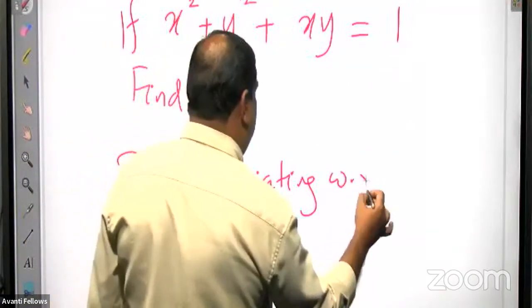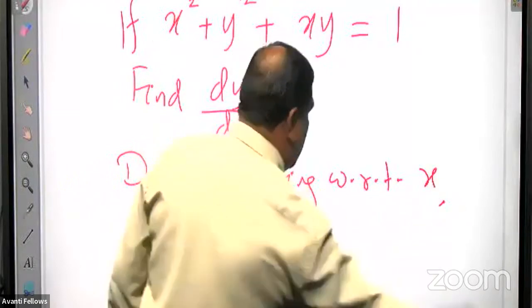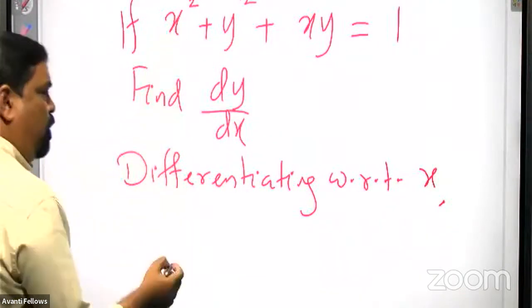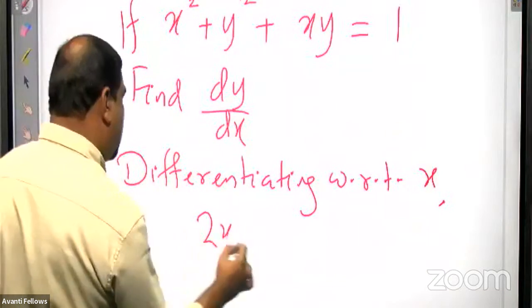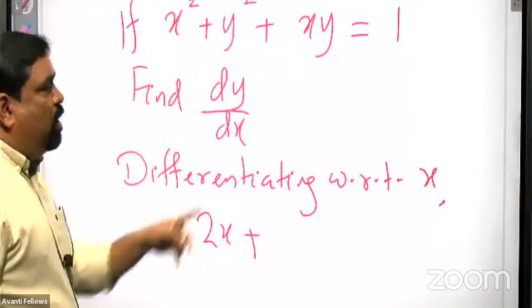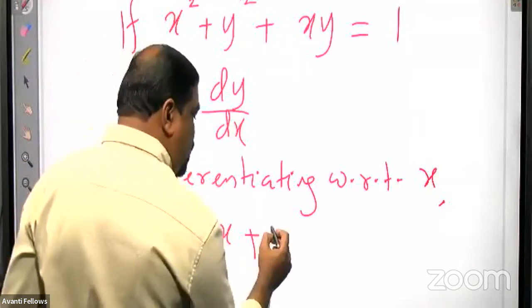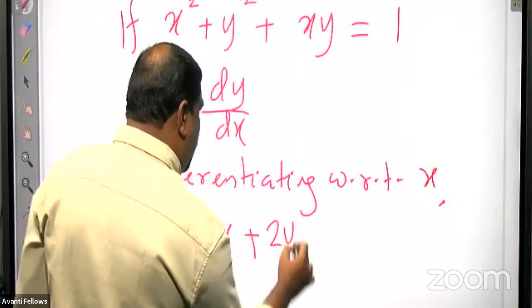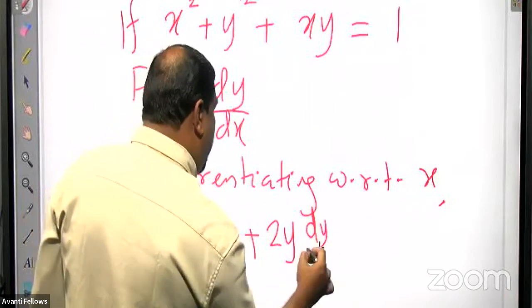Differentiating with respect to x, the derivative of x square is 2x. And the derivative of y square with respect to x is 2y into dy by dx.